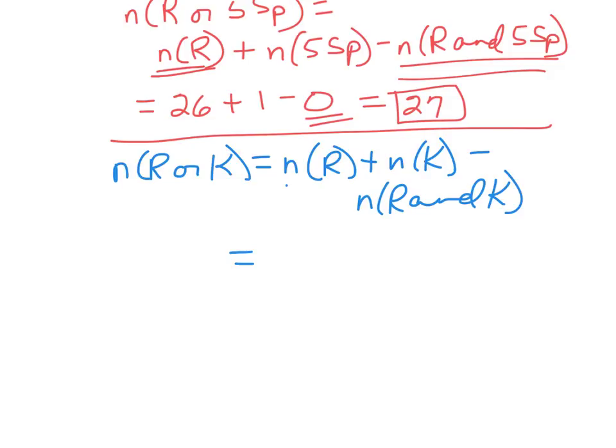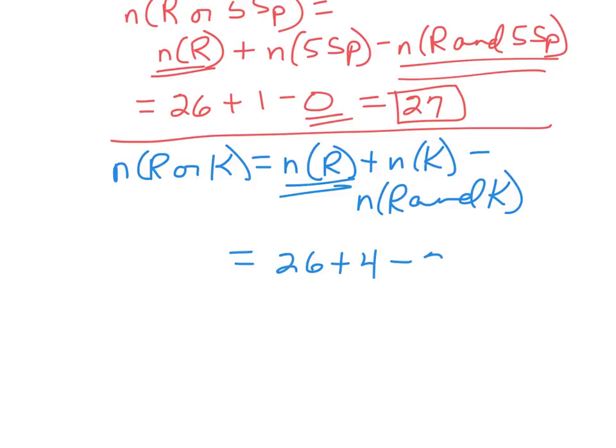Well, we just answered this. How many red cards are there? There are 26. So how many kings are there? There are 4. Minus. Class, how many cards are both red and king? 2. What are they? King of hearts and king of diamonds.